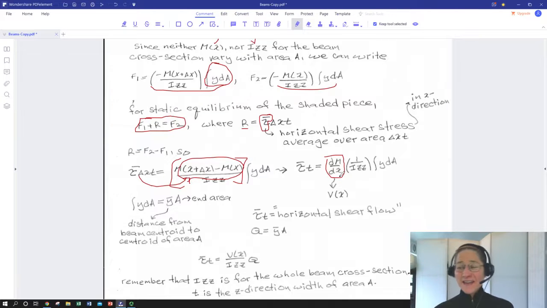And a little reminder, we now have a relationship back to our shear force on the cross-section end area, because dM/dx is big V. So now we're relating back to shear force, which was what we were aiming at the beginning.